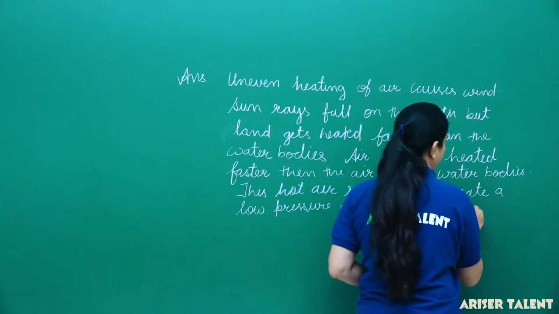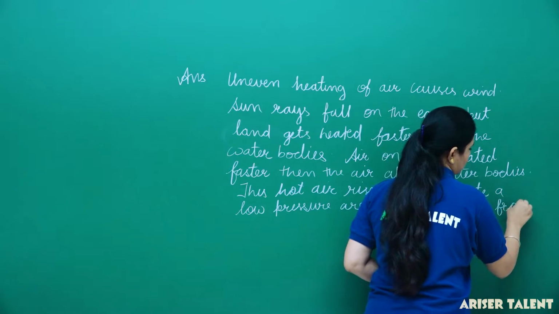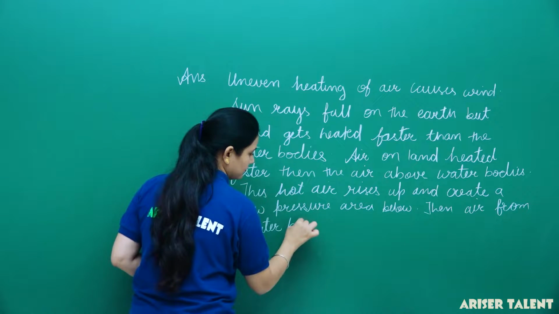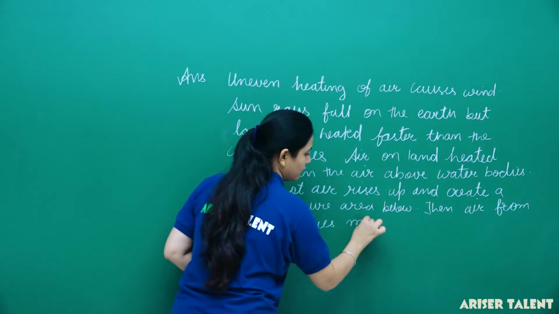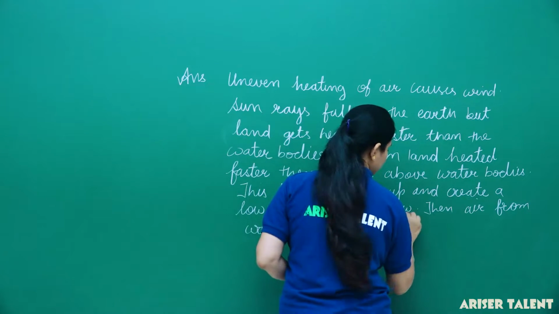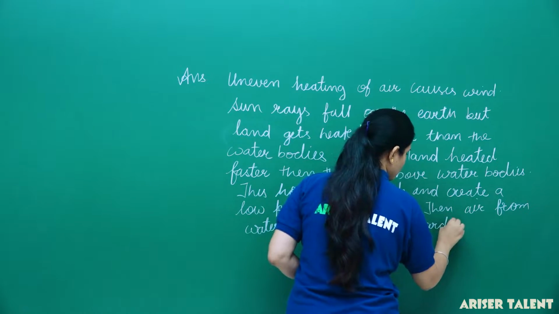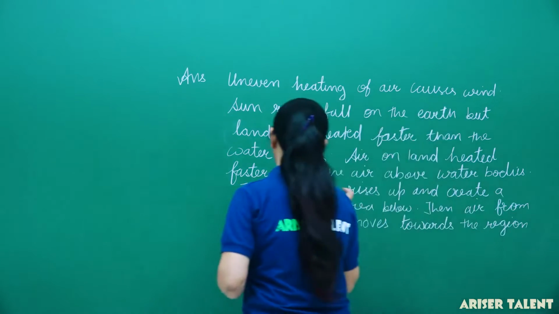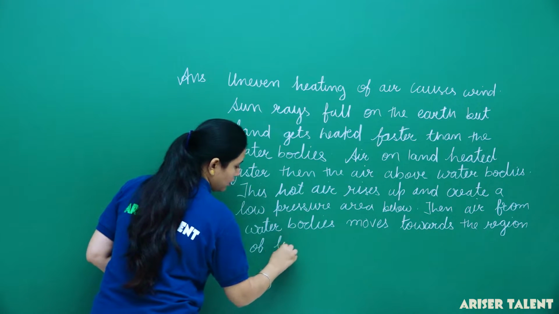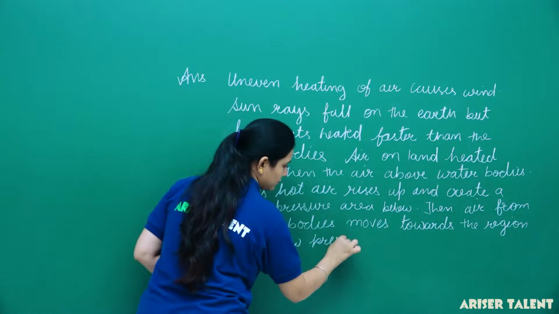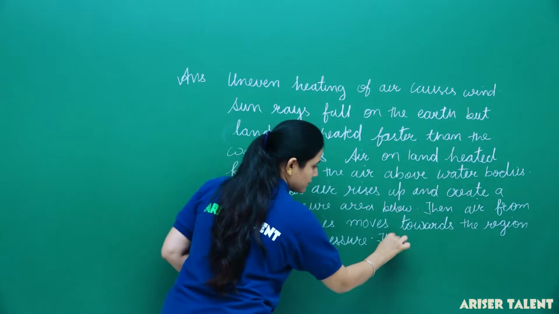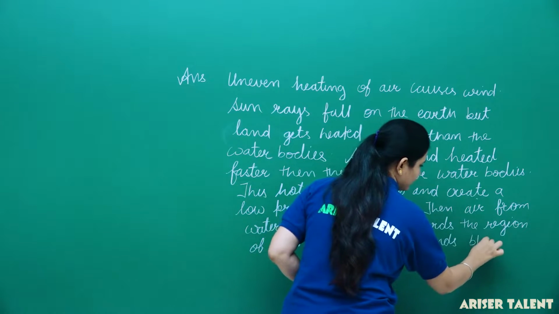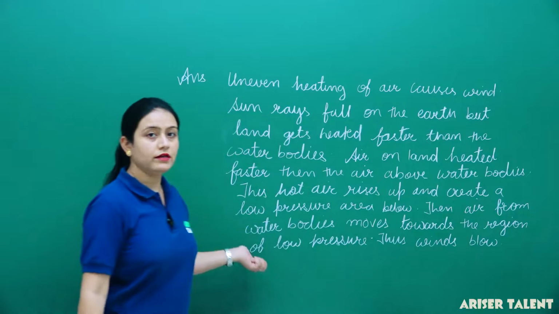Then air from water bodies moves towards the region of low pressure, thus winds blow. Okay, is it clear how the winds blow?